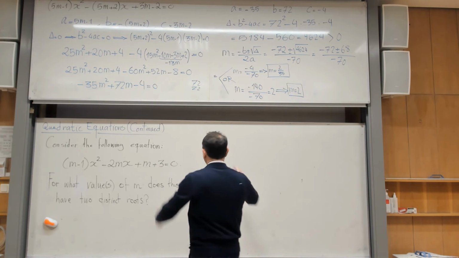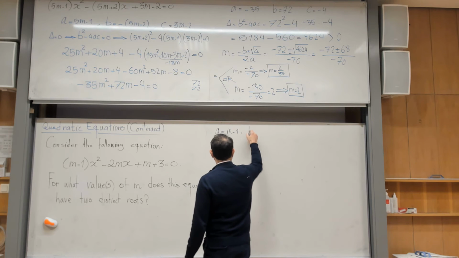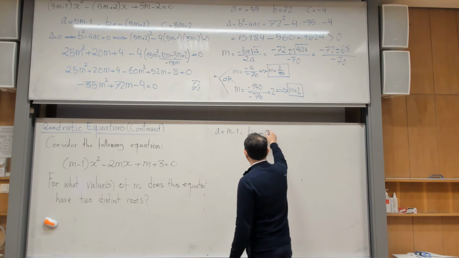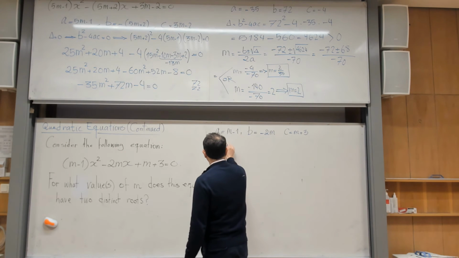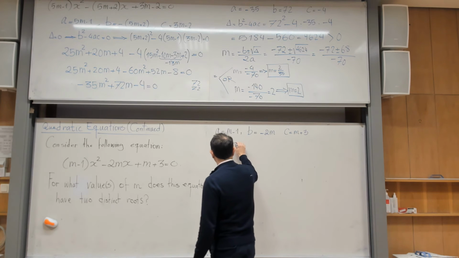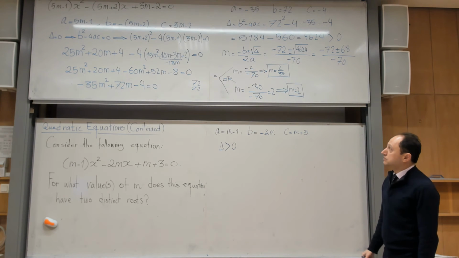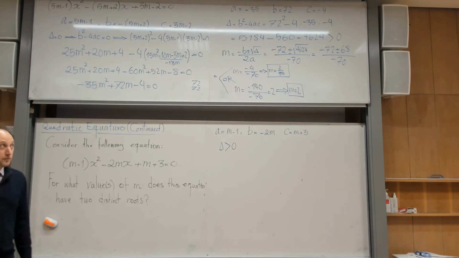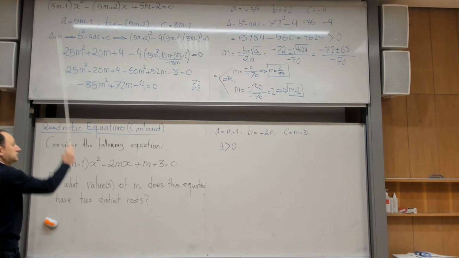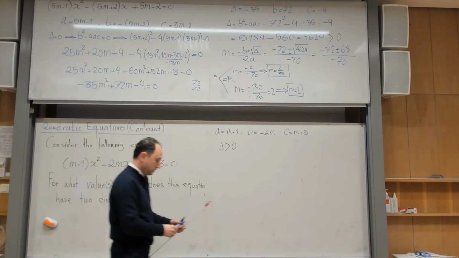So A in this problem is m minus 1, B is minus 2m, and C is m plus 3. This time you have to put delta strictly greater than 0. In the previous problem, I put delta equal to 0, but now I want two distinct roots, so delta should be greater than 0.